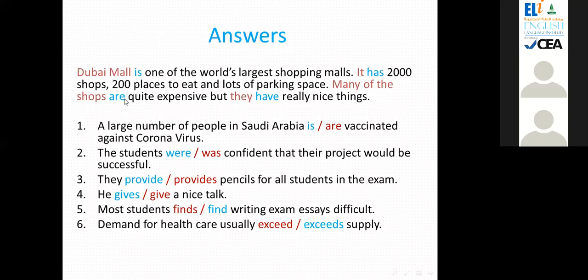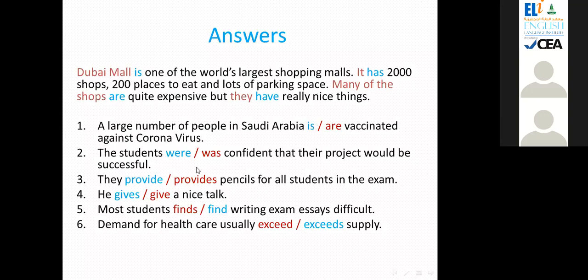And many of the shops are, they agree with each other because they are all plural. And also the case here, they have really nice things. Here we say a large number is vaccinated against coronavirus because we are talking about a large number, not the people this large number consists of. So we use is, okay?